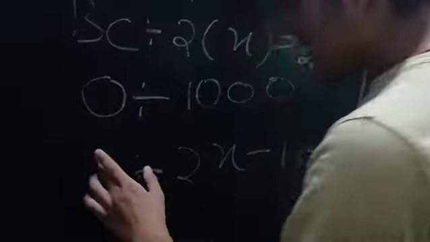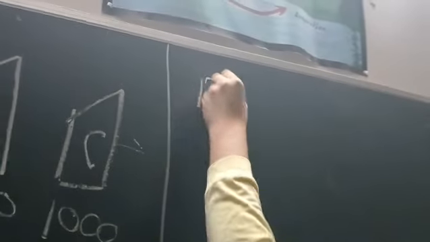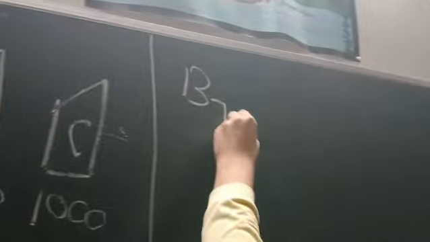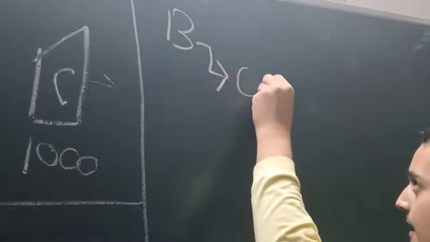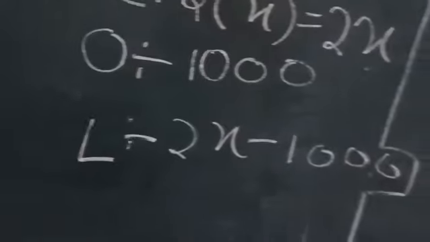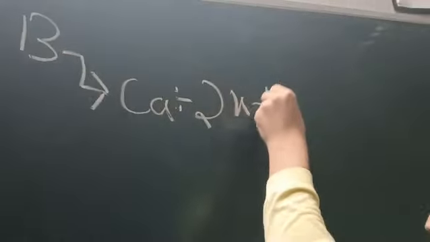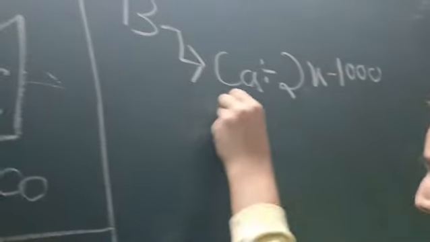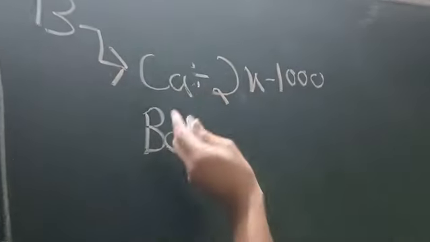So the value of L in temple A will be the value of CA in temple B. So let us move to temple B. In temple B, the value of CA will be 2x minus 1000, and then the value of BC, as we know the money doubles, will be double of this.